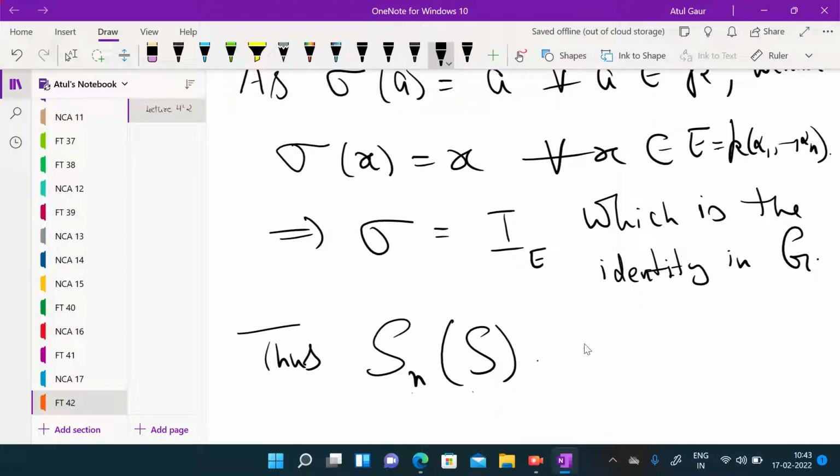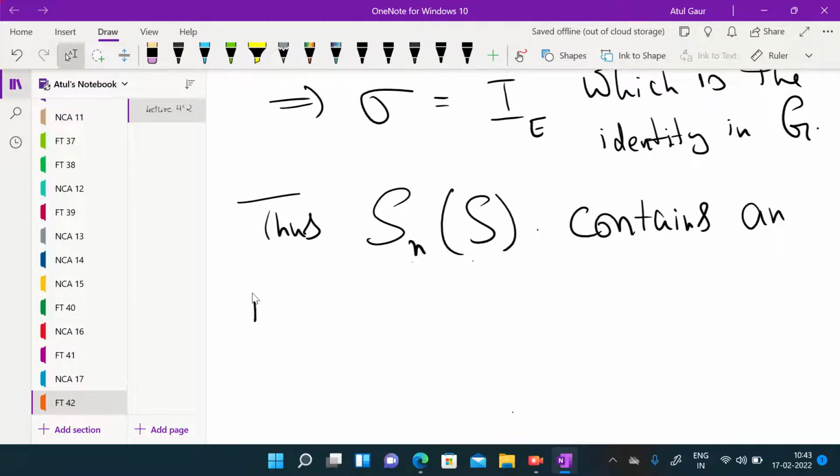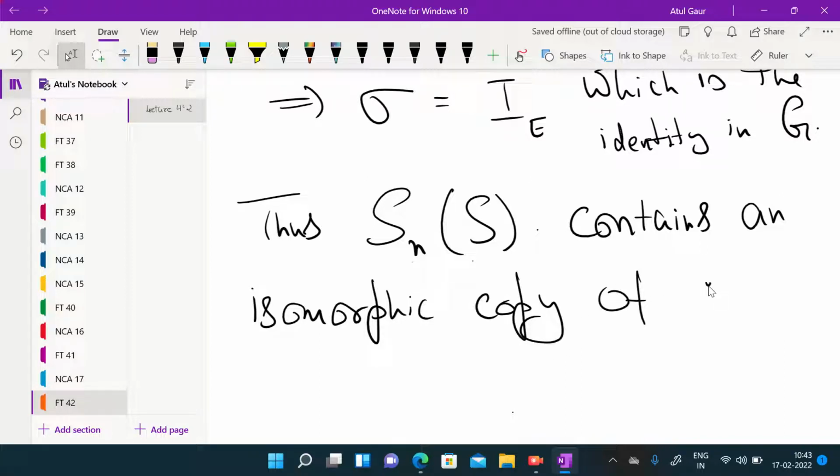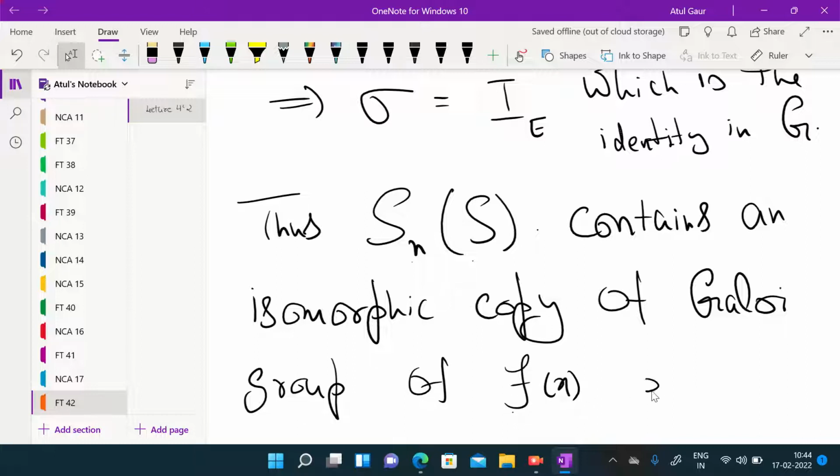So this permutation group contains an isomorphic copy of the Galois group of f(x) over K. Is this all right? Yes.